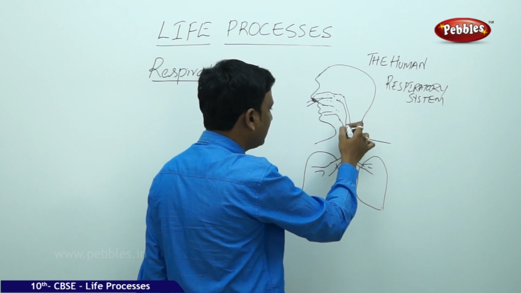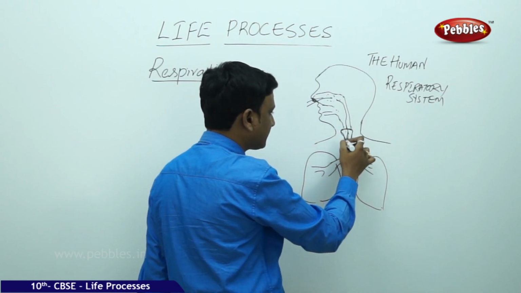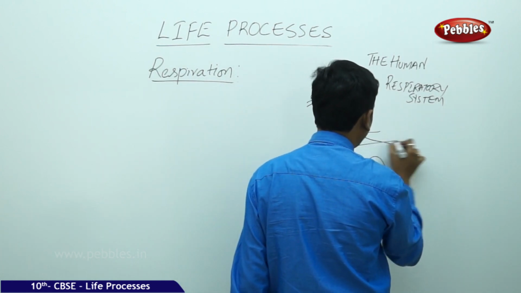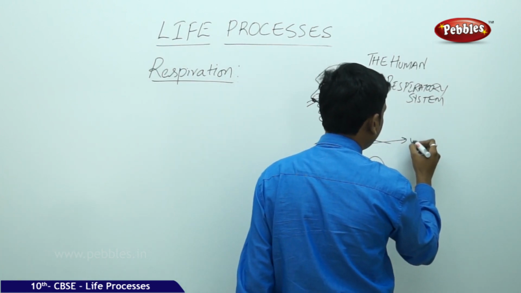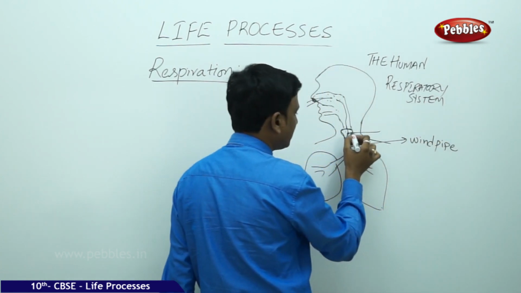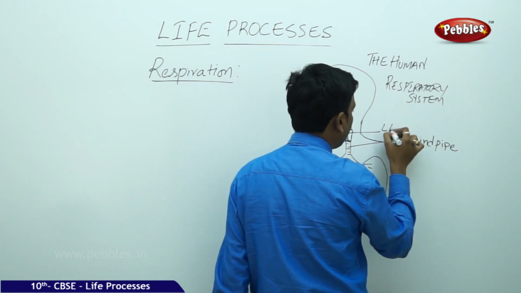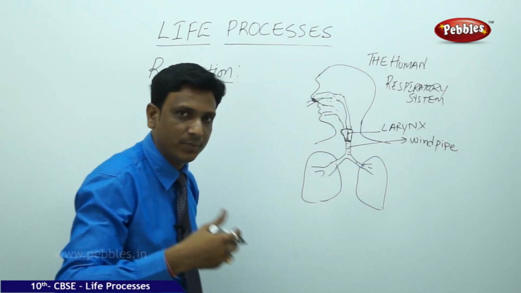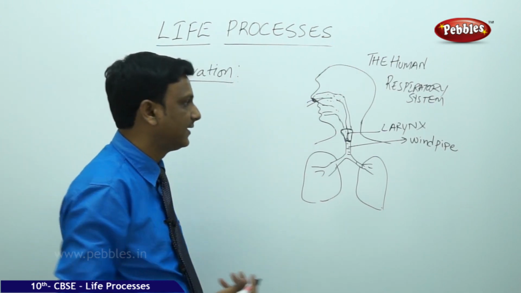The humidified air is passed through this special structure called windpipe. This is the windpipe or trachea. The windpipe begins with a special structure called larynx, voice box, which enables us to produce the sounds while exhalation of the air.